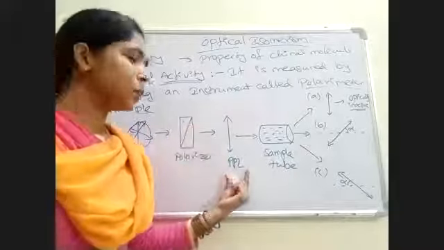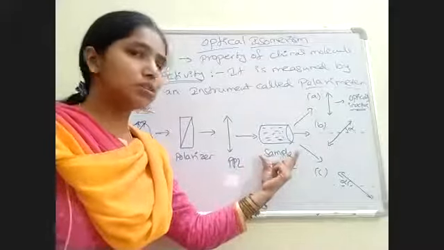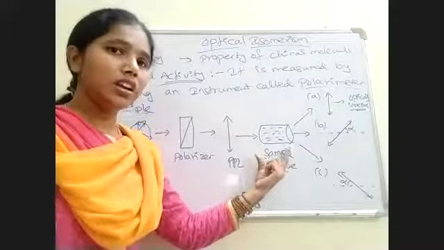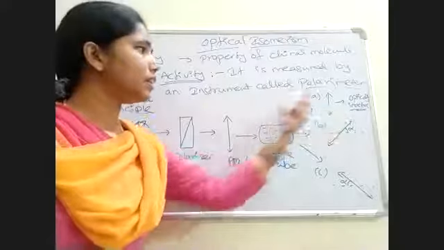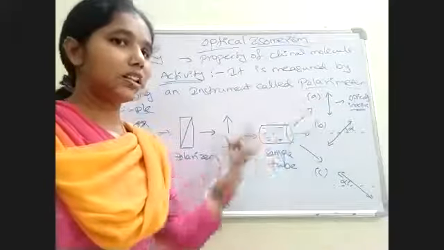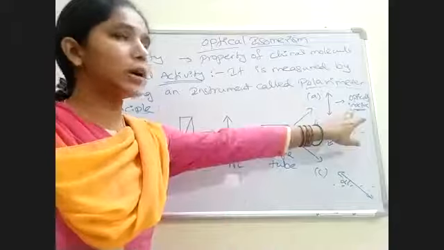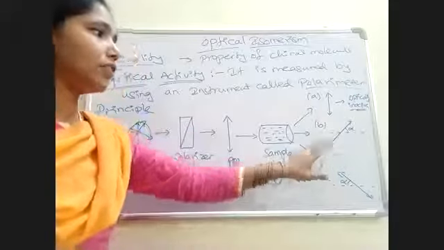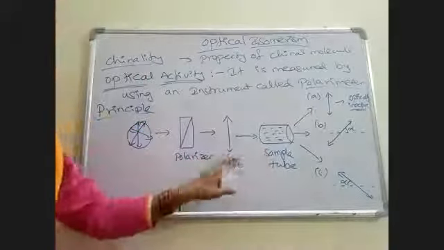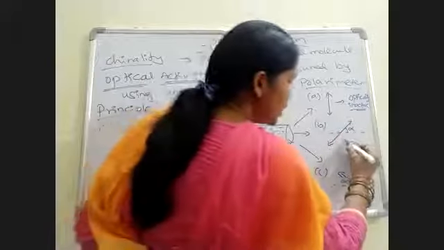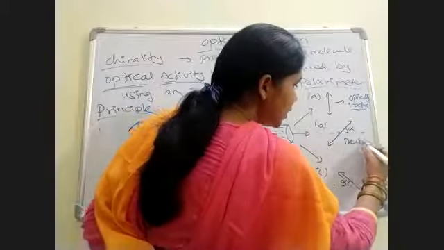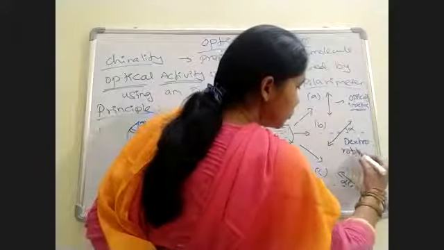So when plane polarized light is passed through a solution containing an organic molecule, what happens? It may not interact with the plane polarized light. Then that molecule is said to be optically inactive. If the substance rotates the plane polarized light in a clockwise direction, then that molecule is said to be a dextrorotatory molecule.